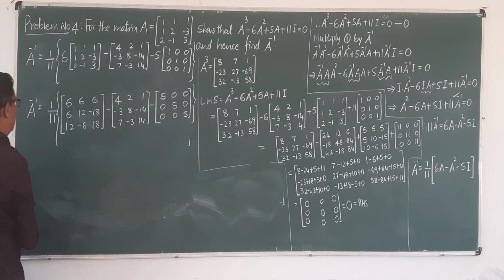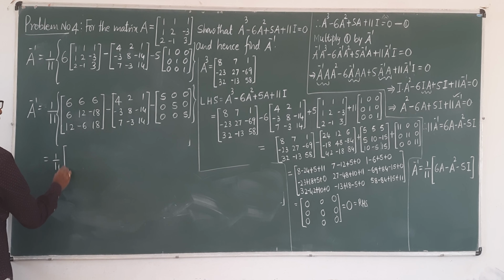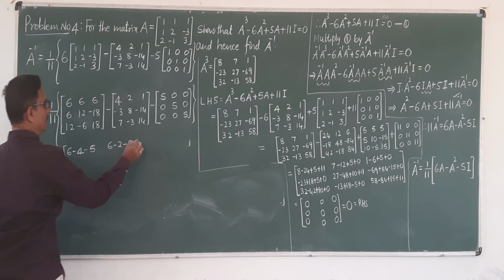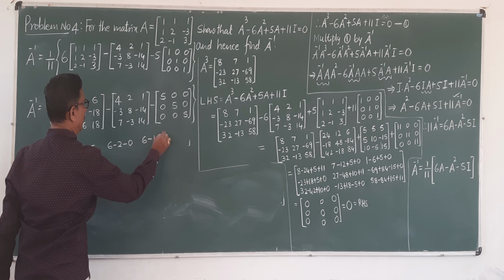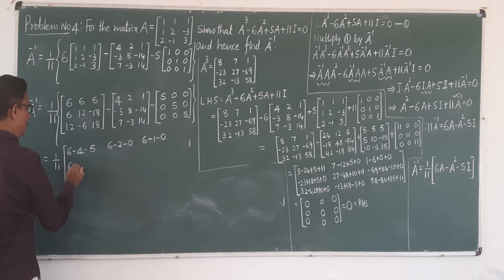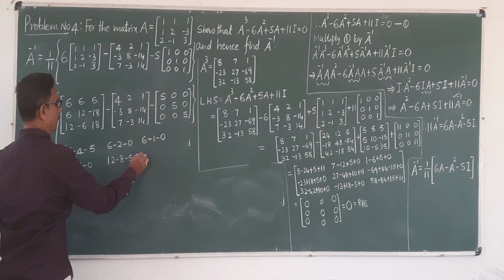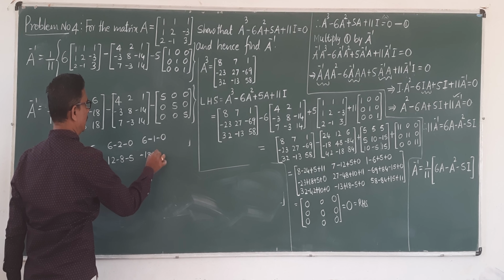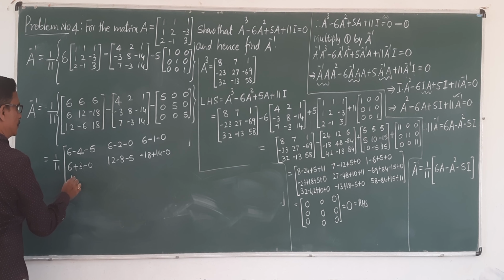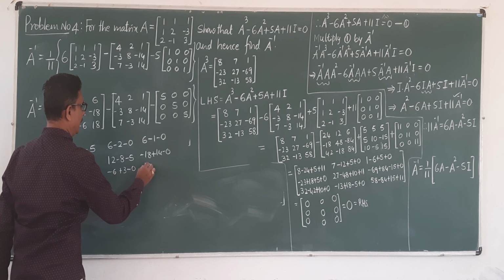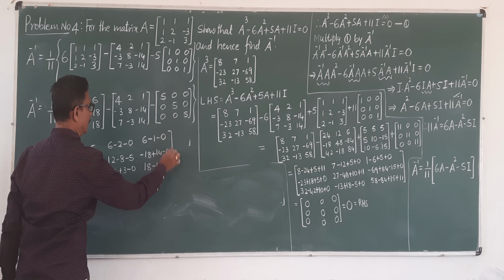By the definition of subtracting the corresponding elements, 1 by 11 into: 6 minus 4 minus 5, next 6 minus 2 minus 0, 6 minus 1 minus 0; second line 6 plus 3 minus 0, 12 minus 8 minus 5, minus 18 plus 14 minus 0; third line 12 minus 7 minus 0, minus 6 plus 3 minus 0, 18 minus 14 minus 5.